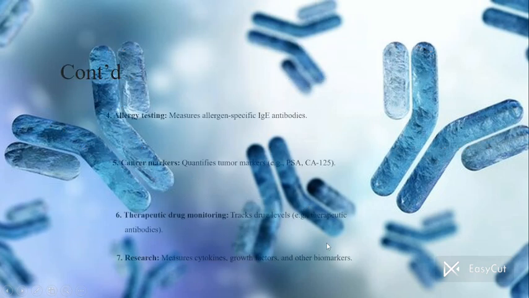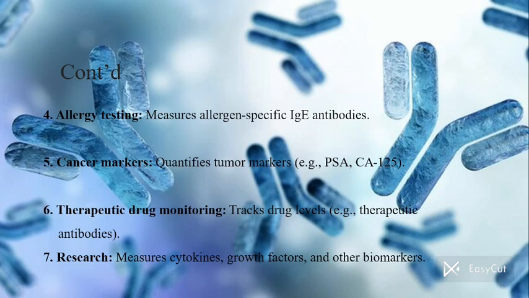The next application is allergy testing, where ELISA is used in measuring allergen-specific IgE antibodies. The next application is cancer markers, where ELISA quantifies tumor markers such as PSA and CA125.